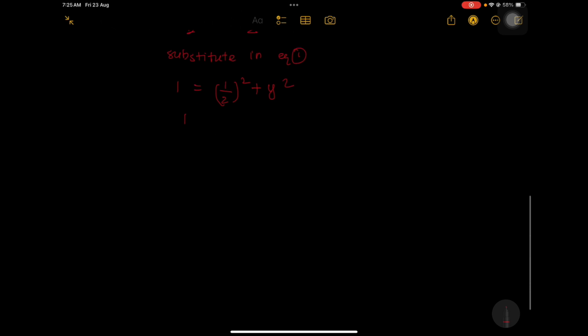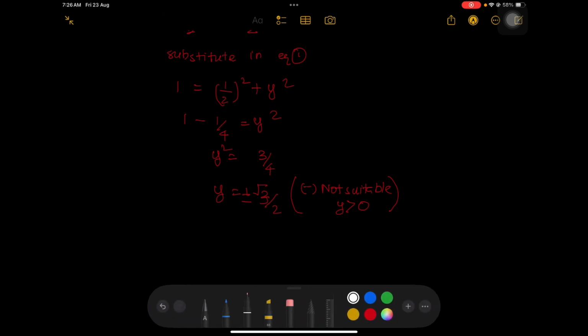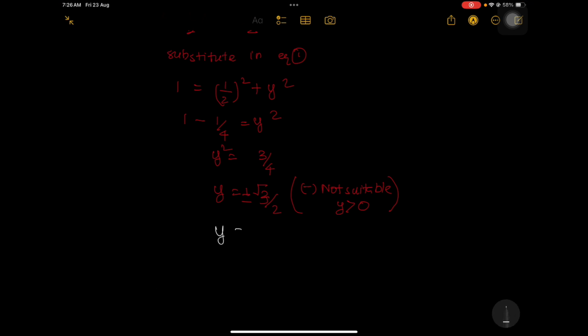So 1 minus 1/4 is equal to y squared, so y squared is equal to 3/4. Y is equal to plus or minus √3/2, but minus is not suitable because y is a length, so it should be greater than 0. So y is going to be plus √3/2.